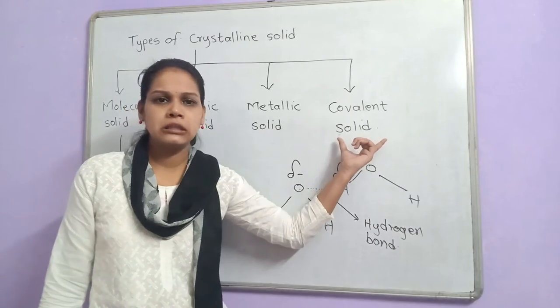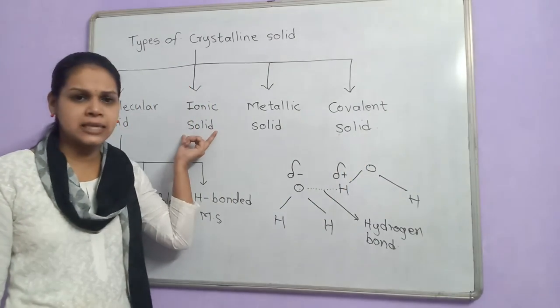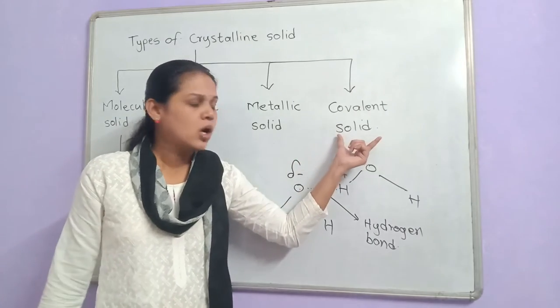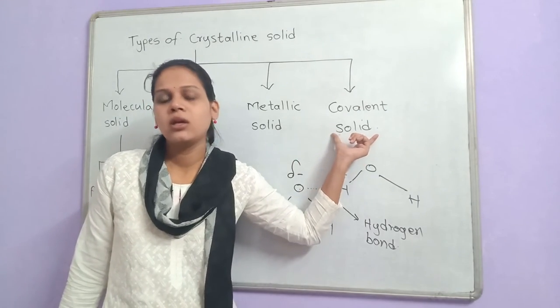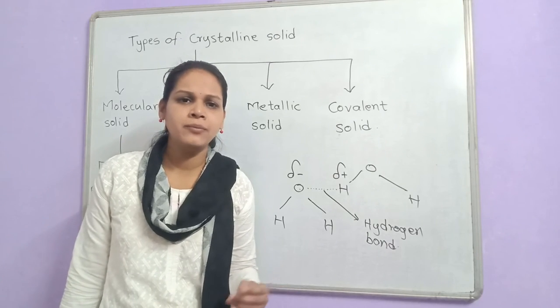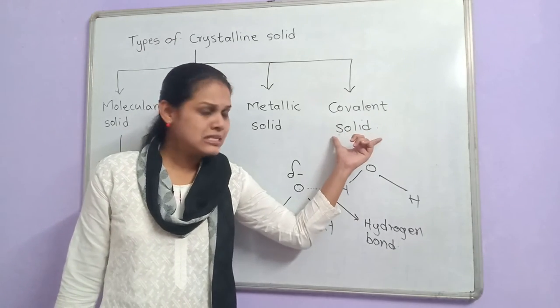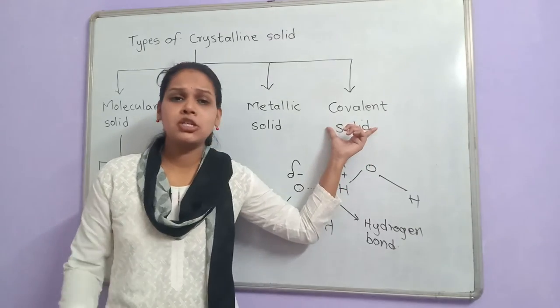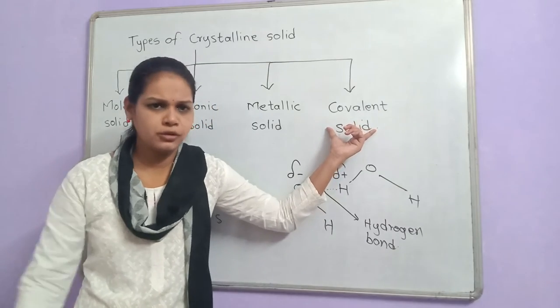An example of an ionic solid is NaCl. For an example of a metallic solid, you can take any metal sheet. Examples of covalent solids are allotropes of carbon like diamond, graphite and fullerene. Now, generally covalent solids are bad conductors of electricity.